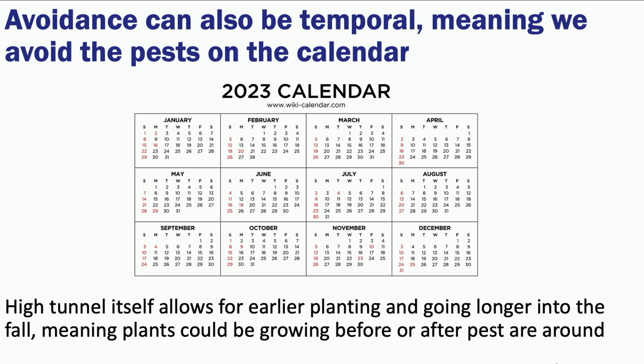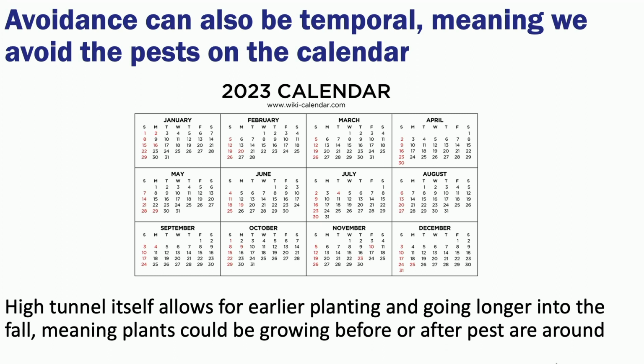And then avoiding pests on the calendar is another strategy to think about. The earlier you go out, the less likely you are to have pests on those plants when they are susceptible. You can maybe get the plants up and strong before the pests start to move in. It can be tricky in a high tunnel because if you're able to go out and start planting and growing, the pests that are in there or that may be introduced in there are also going to be kind of up and running.